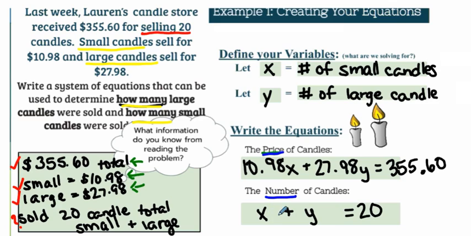This equation, X plus Y equals 20, is a sneaky little equation, so make sure you understand the context of the problem to help you pull out this information.